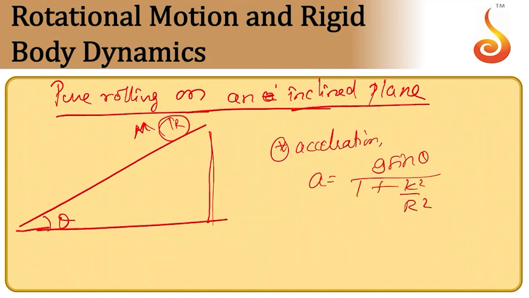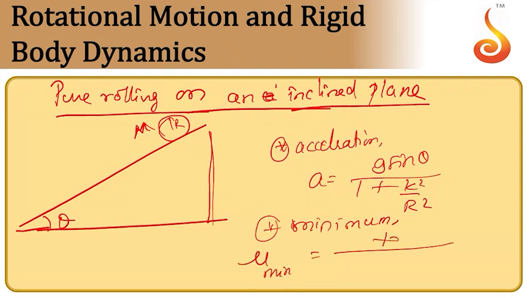Remember, in order that it undergoes pure rolling, friction has to be present. If friction is absent, there can't be pure rolling on an inclined plane. So, the minimum coefficient of friction is given by tan theta divided by 1 plus r square divided by k square.